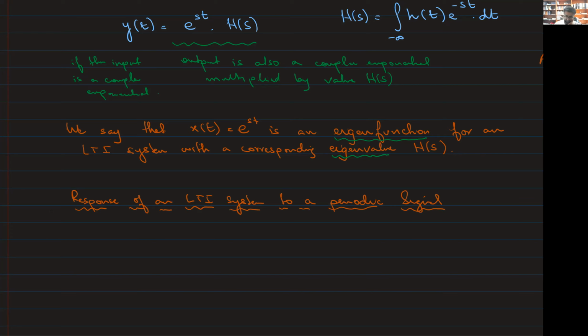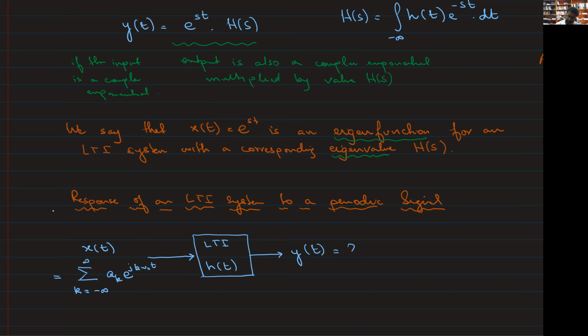If there's an LTI system which has an impulse response equal to h of t, let the input to this LTI system be x of t, which is periodic and for which the Fourier series decomposition exists. So x of t can be written as a summation of these complex exponentials, ak times e raised to j k omega naught t. What is y of t?